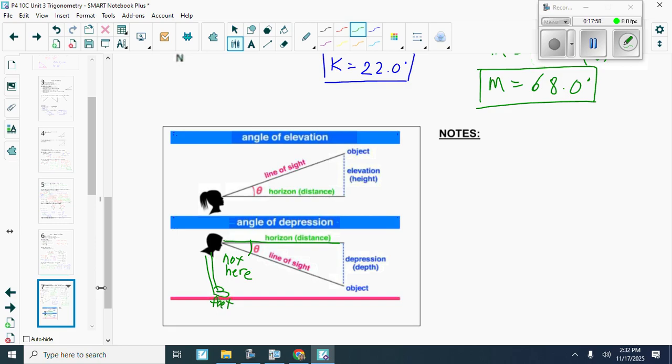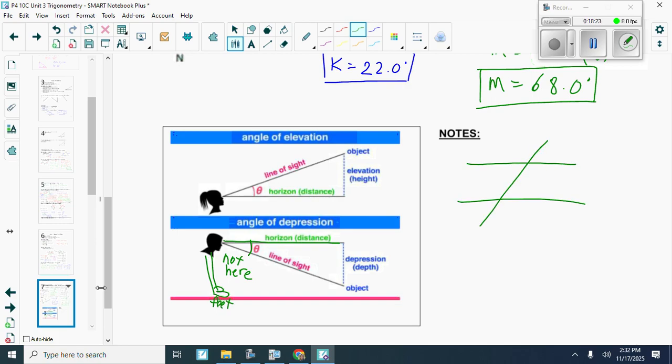Let's write a few things here, and then let's take a look at what this looks like in the diagram. There's one more thing: the angle of elevation is the same as the angle of depression. What does that mean? Did you guys study parallel lines last year?